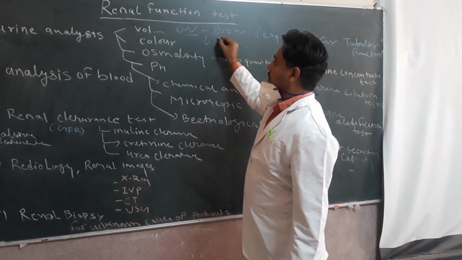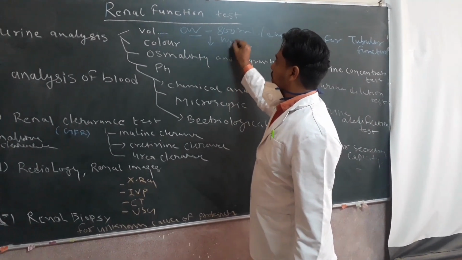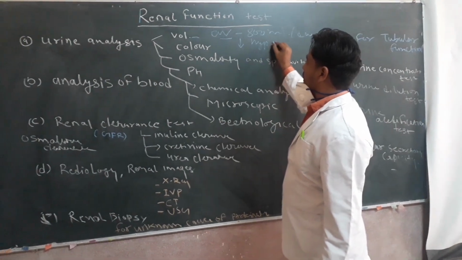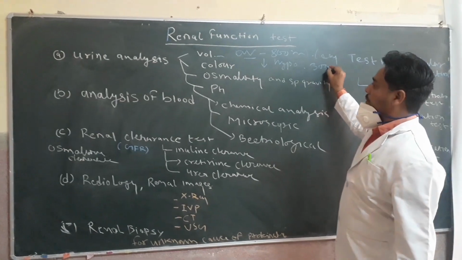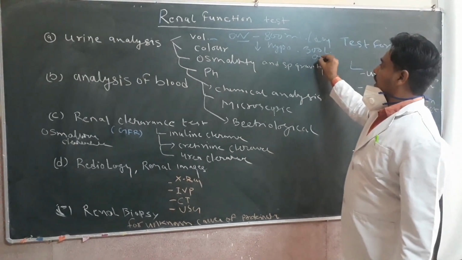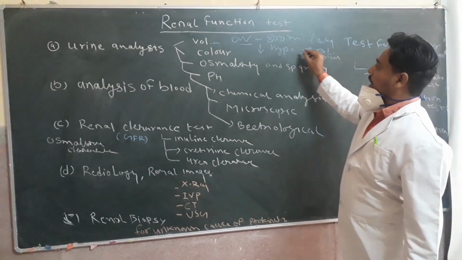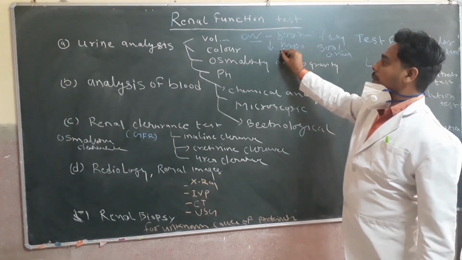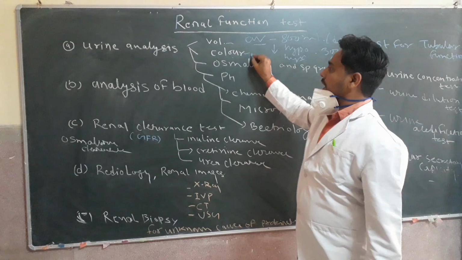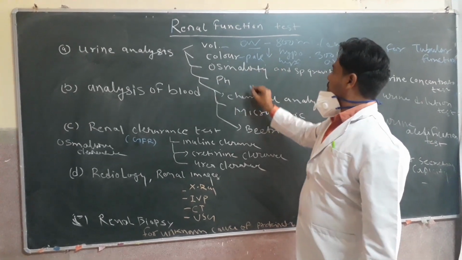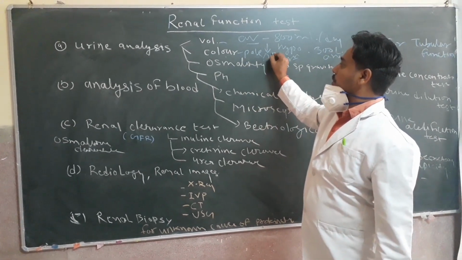If low, if hypo, 300 ml or less is called anuria, hyponuria and hyperuria. Okay. The color is pale yellow.